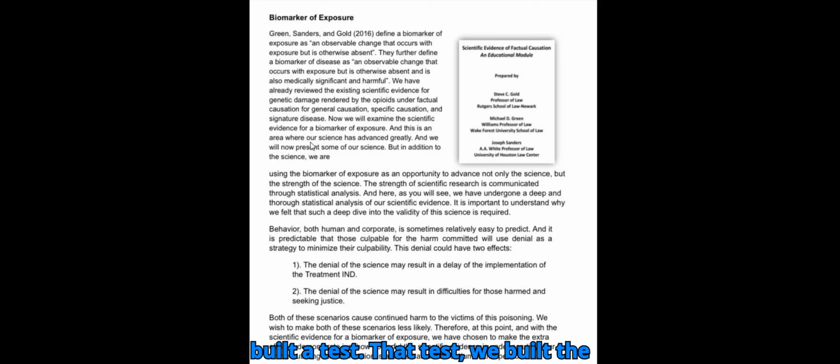So we built a test. We built the biomarker of exposure. Let me say this again, people: it didn't exist. We had to build it from scratch.